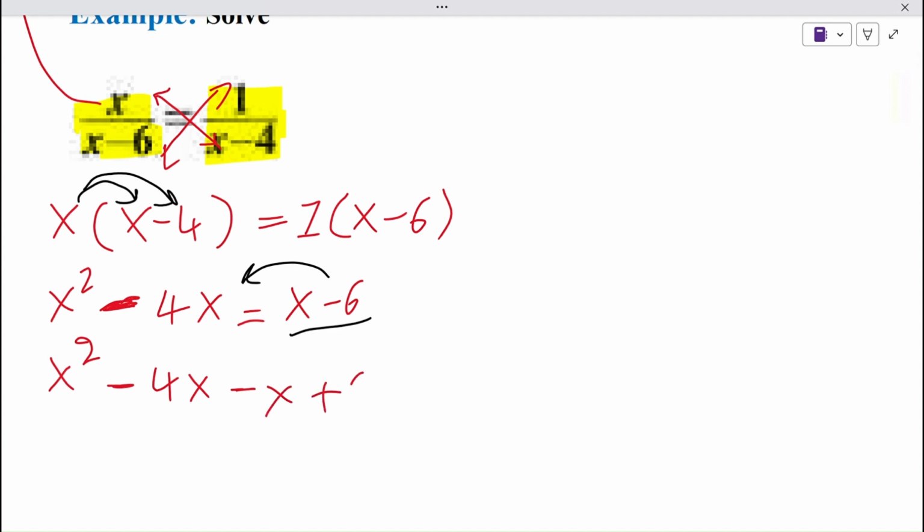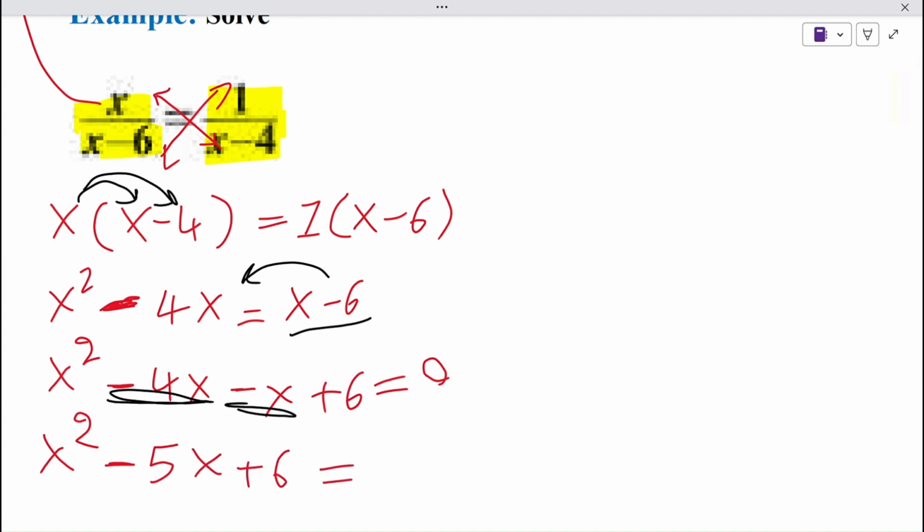Here we have minus 4x and minus x. We write down x squared, and because we have minus and minus, you have to write down the minus and add them. 4 plus 1 is 5. So x squared minus 5x plus 6 is equal to 0.